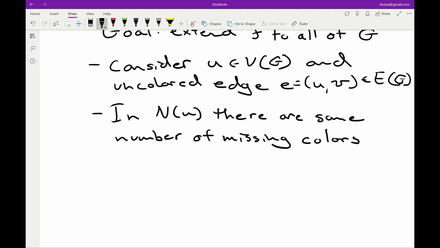Obviously there must be, because if U is the maximum degree vertex, it can have at most Delta(G) colors in its immediate neighborhood. But the issue, like we saw before, is we can't just naively color one edge, because we have to consider the other endpoint of that edge. So in our neighborhood, there are some number of missing colors. First, let's consider A naught as one such missing color.